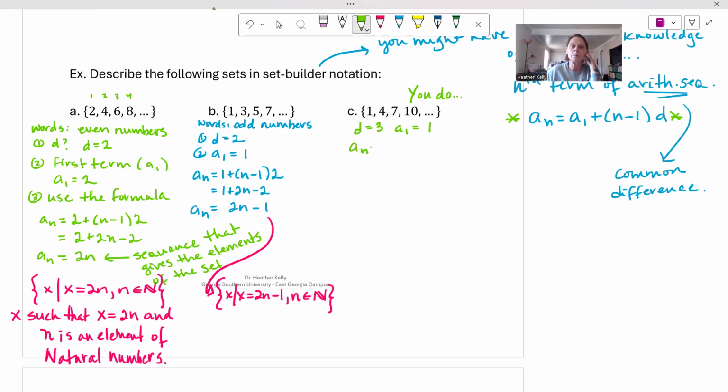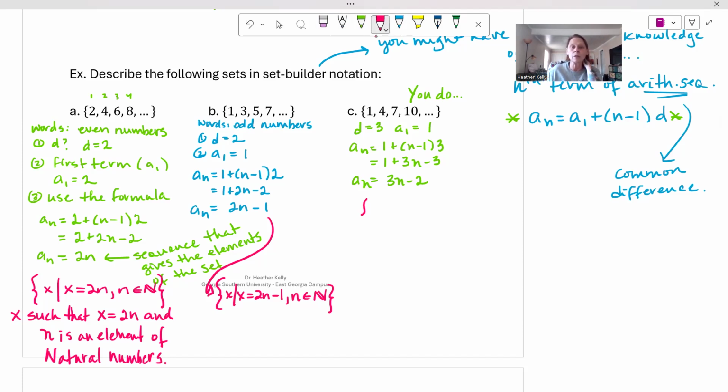So we're going to say A sub n is equal to 1 plus n minus 1 times 3. It's 1 plus 3n minus 3. It's going to give us 3n minus 2. That is going to be the sequence that's going to give us all the elements of the set.